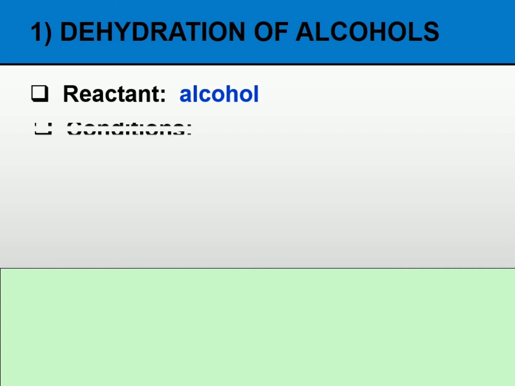In today's lesson, we are going to focus just on the dehydration of alcohols. In this topic, you need to learn how to write the products from the dehydration. So we start with the reactant, which is our alcohol.